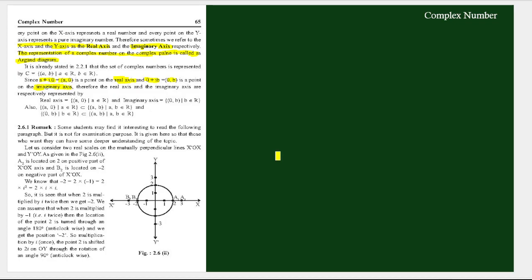The real axis can be represented like this: a comma 0 such that a belongs to R, and the imaginary axis can be represented as 0 comma b such that b belongs to R. And the real axis is a proper subset of the complex numbers, and again, the imaginary axis is also a proper subset of the complex numbers. Clear?